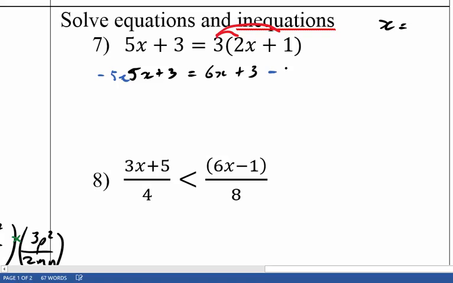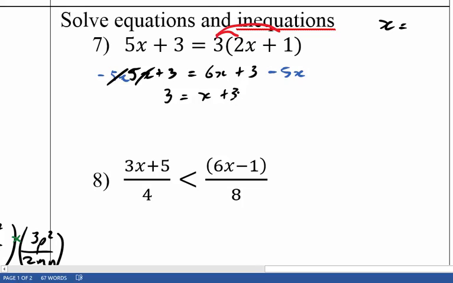Whatever you do to one side, you need to do to the other, so I'm going to minus 5x from this side as well. 5x minus 5x is 0, so I'm left with 3 here. And 6x plus 3 minus 5x: 6x minus 5x is x, and then the 3 is still there.